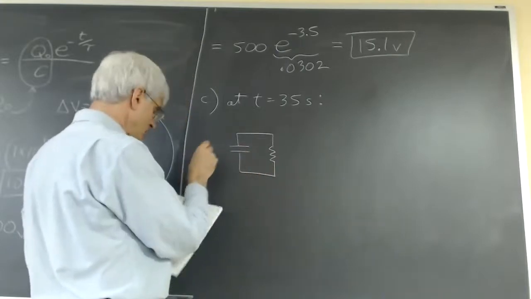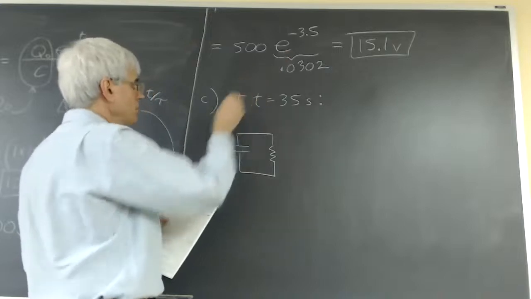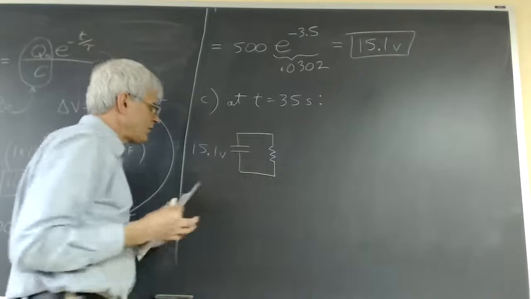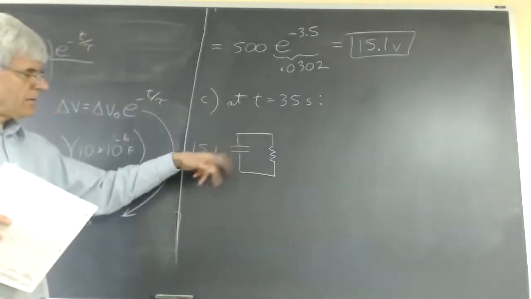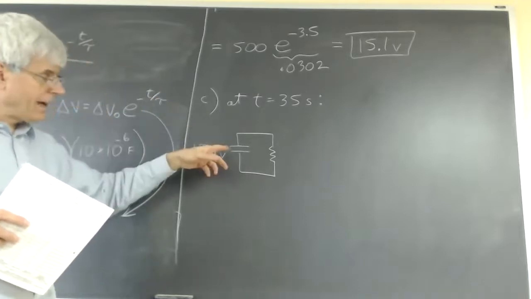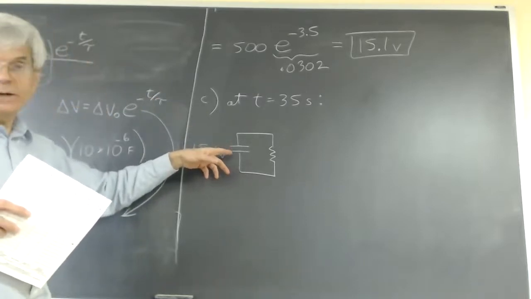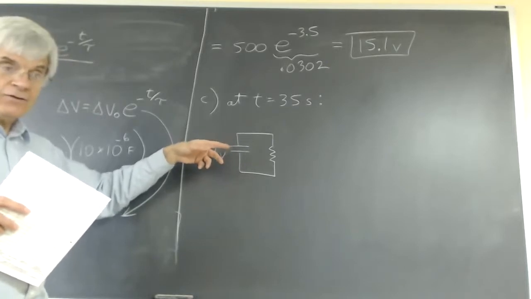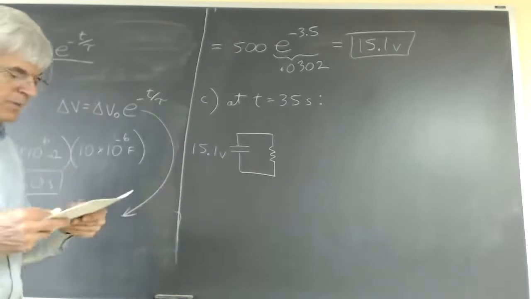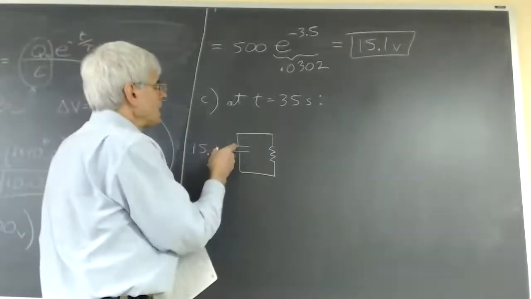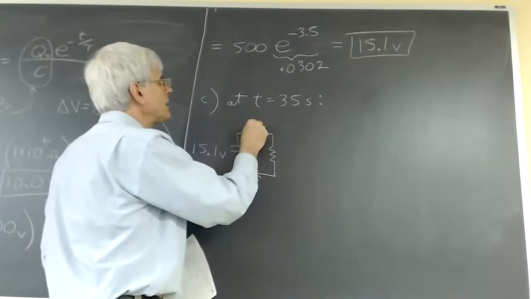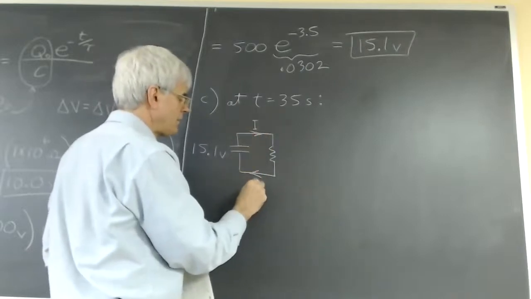And at this particular moment, there is what I calculated in part B, 15.1 volts across that capacitor. At that moment, it's going to act just as if there was a 15.1 volt battery in that spot. I mean, volts is volts, no matter what's making it. So as that capacitor discharges, it'll be pushing a current I around the circuit like that.